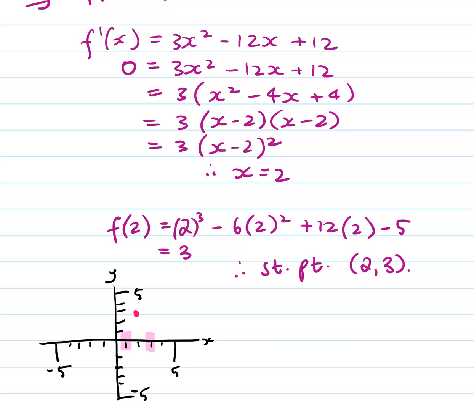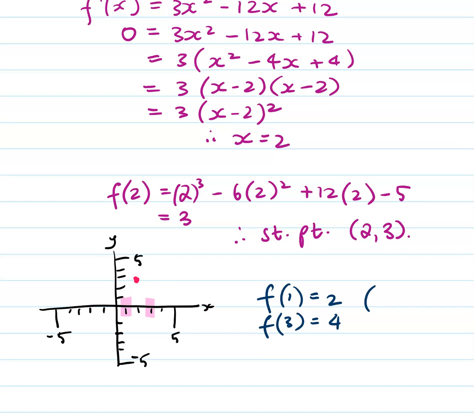So, f of 2 we already know. f of 1 is 2, and f of 3 is 4. So that means I've got additional points on my curve at 1, 2, and at 3, 4.